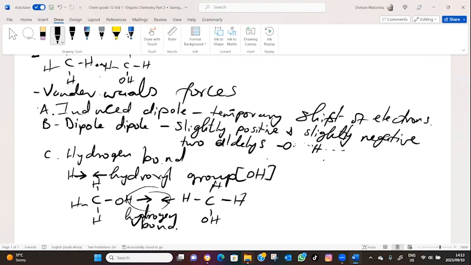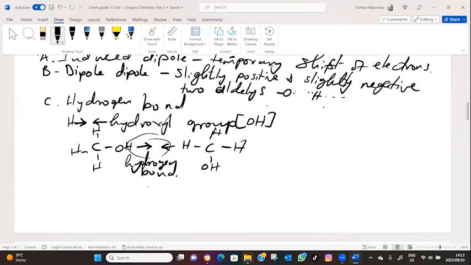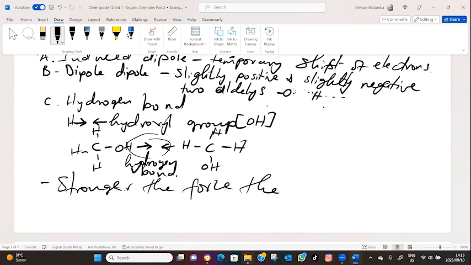Now, the stronger the force, the higher the boiling point, and the lower the vapor pressure.